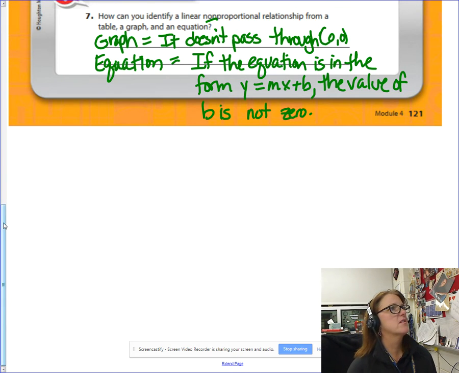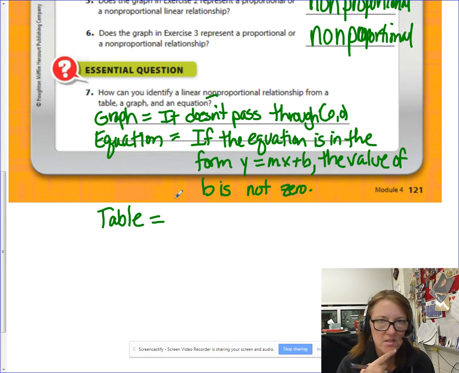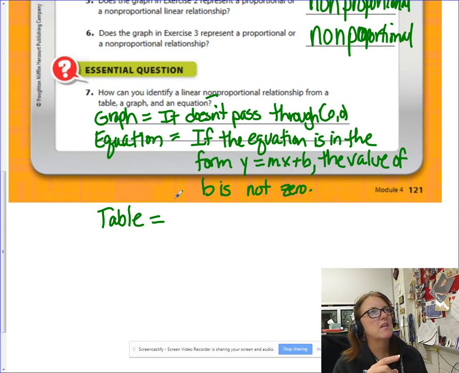Now we get the UFTA one, all right? Did you ever think there was such a description as the UFTA one? Here comes the table. Now, I didn't like the way that the authors answered this question, only because they didn't get into the fact about making sure it's a line. Now, I know here, how can you identify a linear non-proportional?